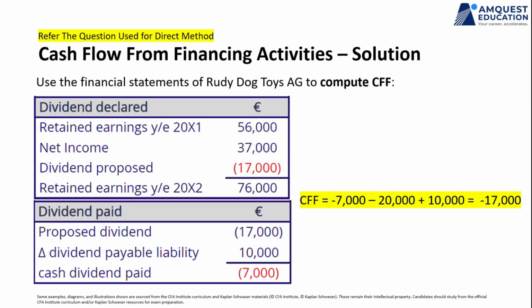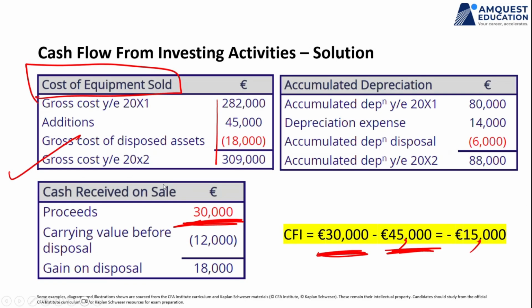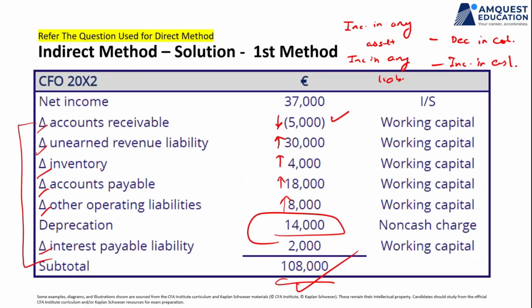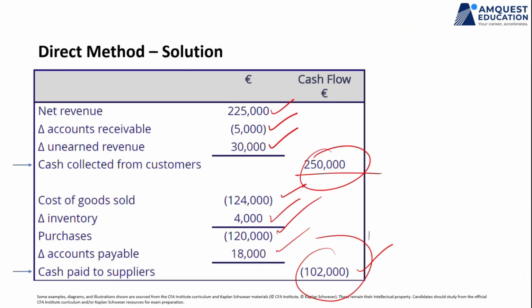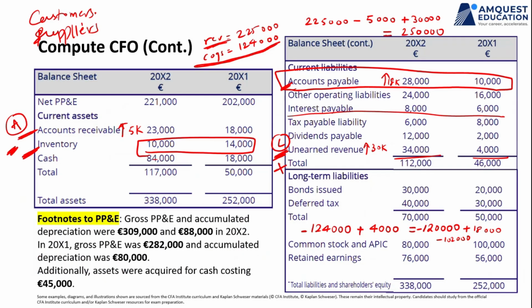So if we look at our question, the balance sheet, look at this, bonds issued. So 10,000 is coming into the company. You have issued the bonds.